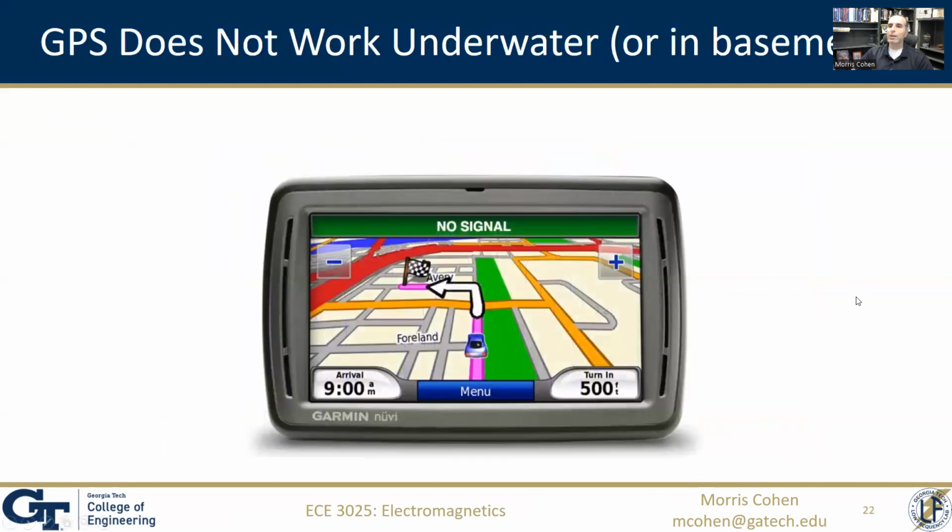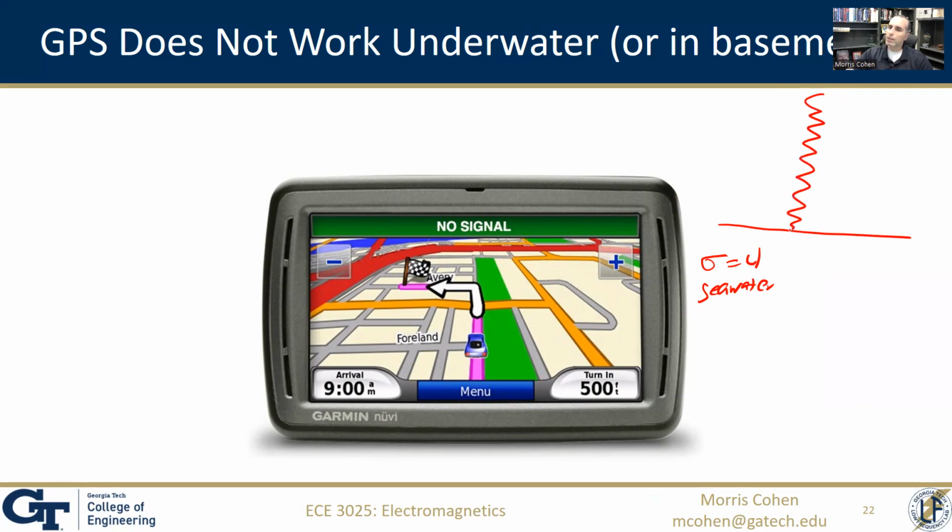But one thing that we can learn from this, and it's very applicable to the idea of GPS, is that GPS, as you may know, does not really work underwater or in, let's say, the basement of a building, because seawater is actually a pretty good conductor. In particular, it's the salt in seawater that makes it a good conductor. It's got a conductivity of about 4 for seawater. So here's your little GPS satellite, and it's broadcasting signals.